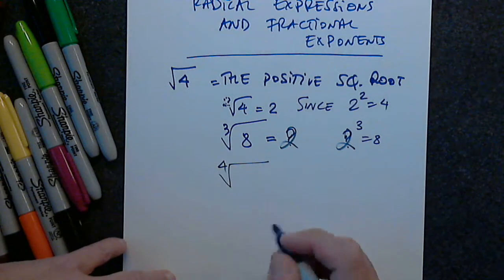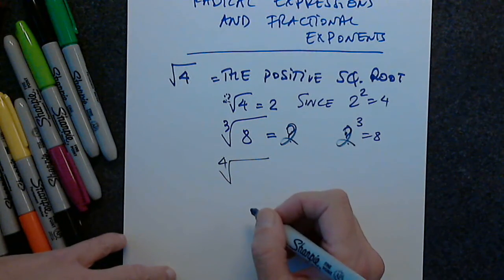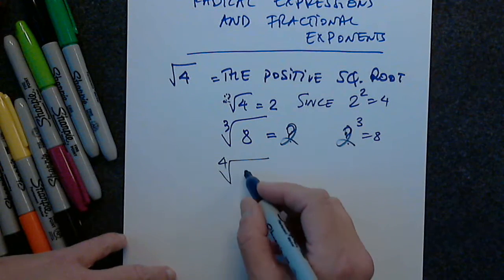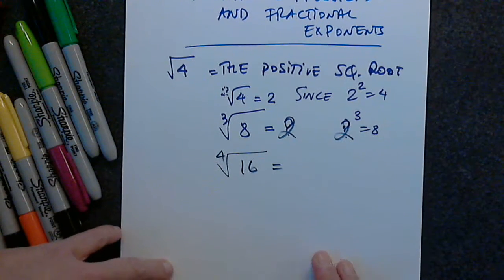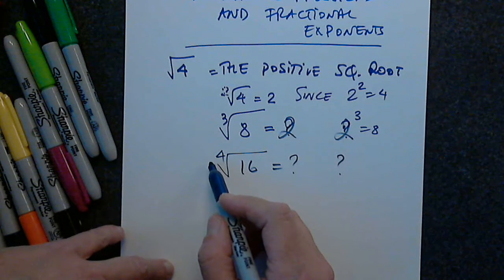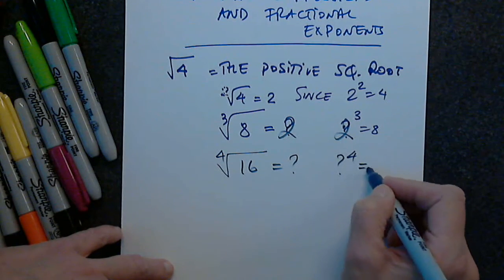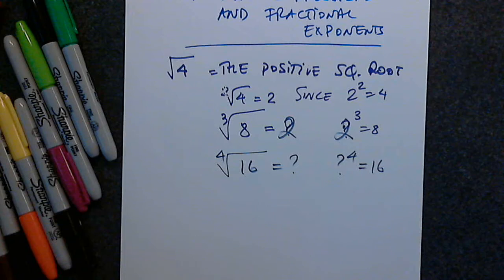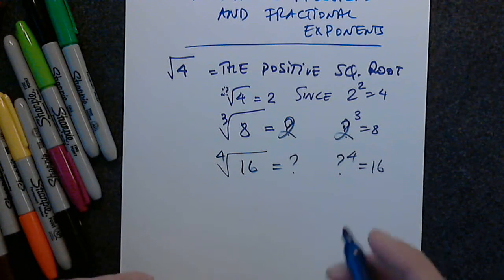Let's say the 4th root of 16. Let's say I have no idea. But it's the number that I raise to which power? Very good. To get 16. And I know there is only one number. Which number? 2.